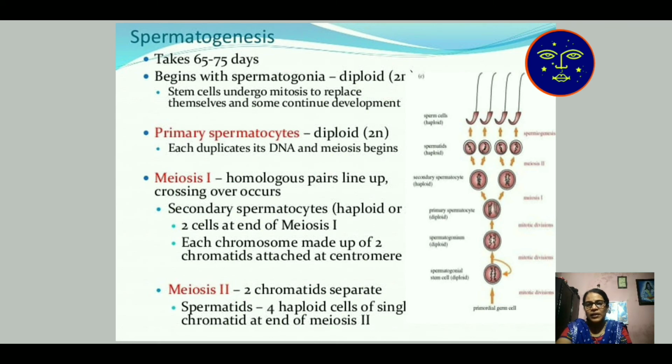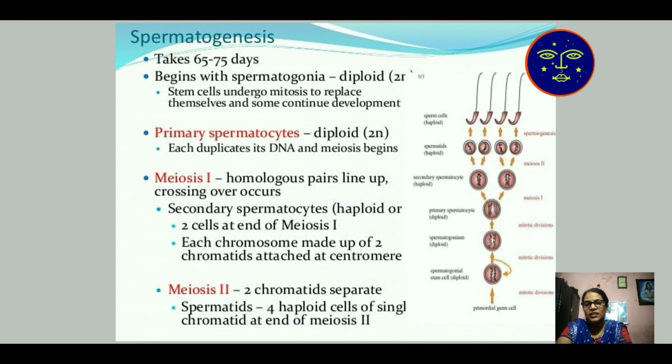Then the primary spermatocyte undergoes meiosis, in which homologous pairs line up. The primary spermatocyte undergoes meiosis 1 and produces 2 secondary spermatocytes with n number of chromosomes each.